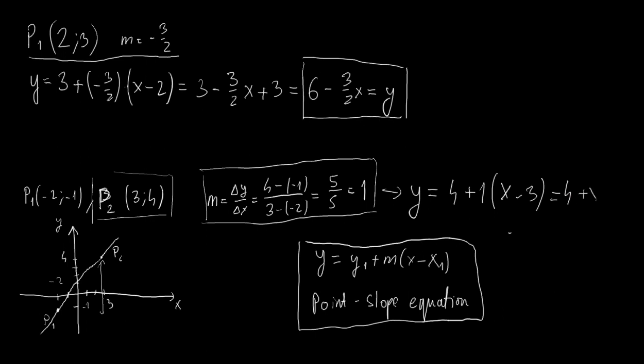That is 4 plus x minus 3. That equals to x plus 1. So that is the solution. That y equals x plus 1. Actually, you can do it with P1 and you will also get the same thing, and it's not a coincidence anyway.